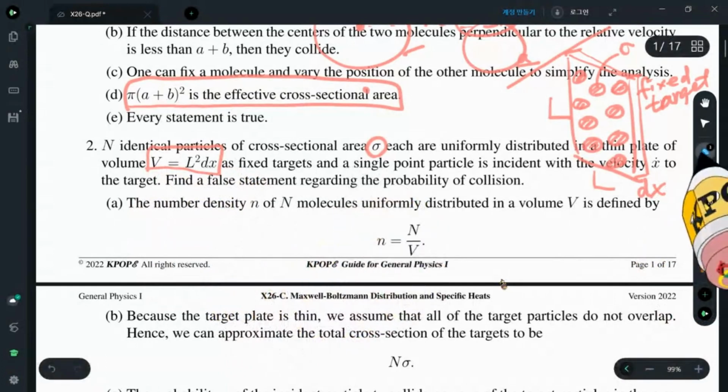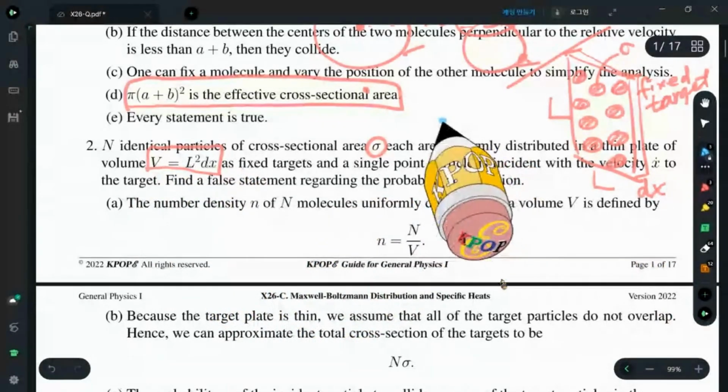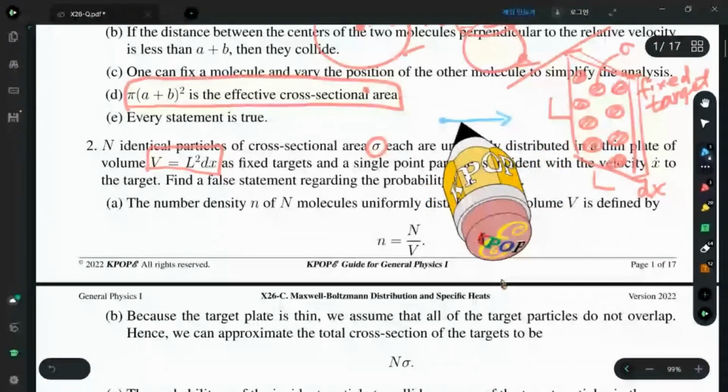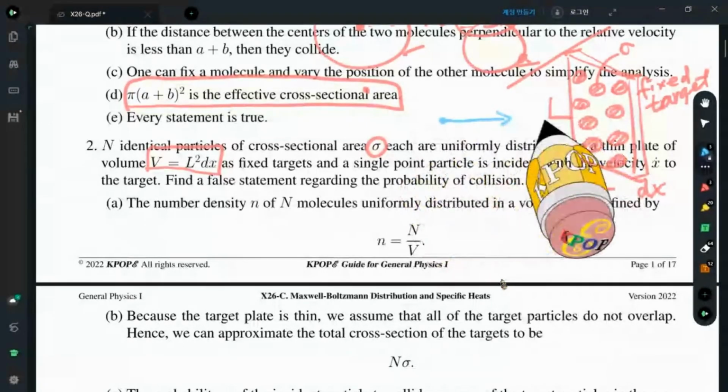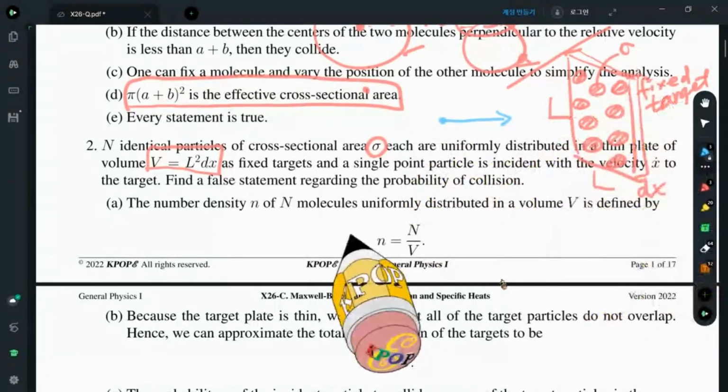A single point particle is incident on this target.